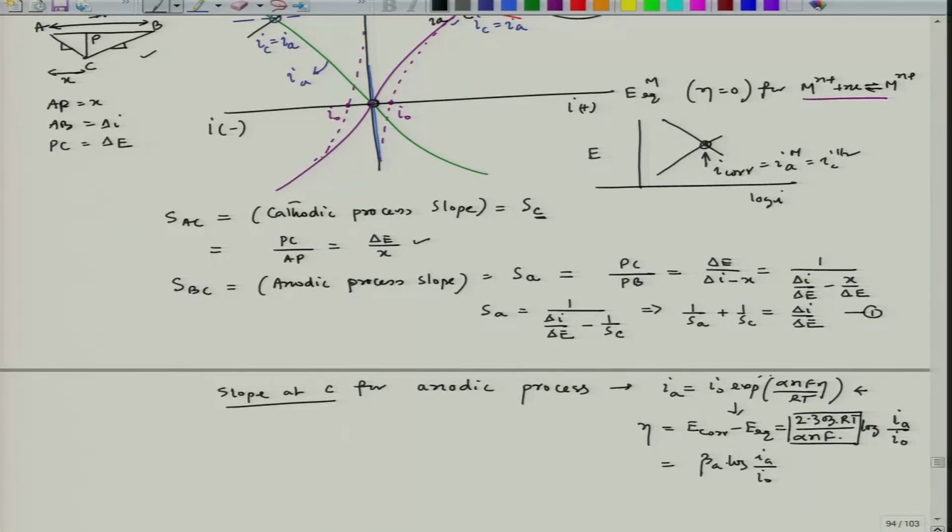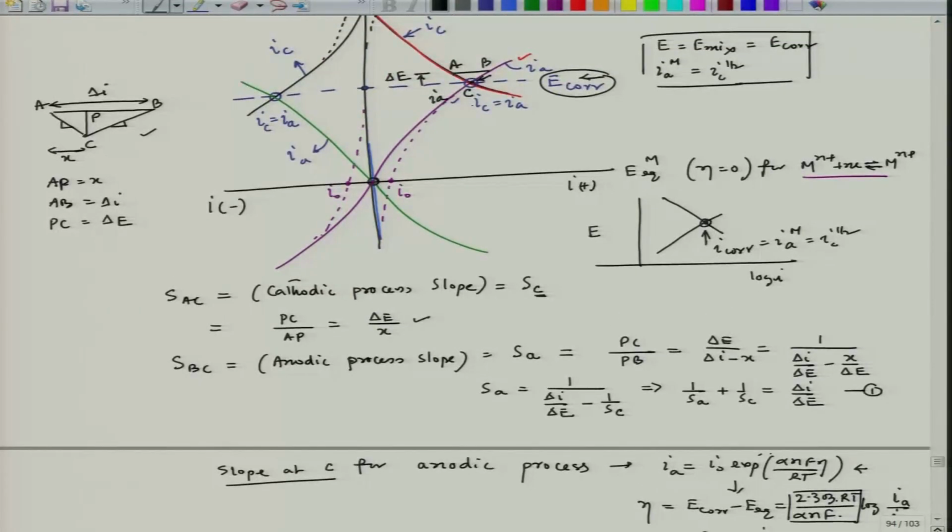And I A I can replace as I corr, since at this location, I A equals I corr equals I C. This is hydrogen, this is metal, so this is metal.